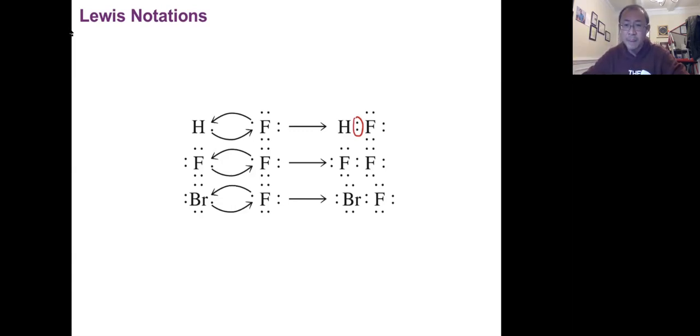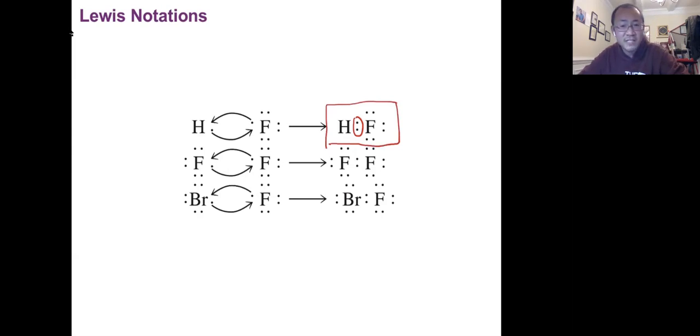Now you can see that hydrogen achieves octet, 2 valence electrons. Fluorine also achieves octet, 8 valence electrons. Why? Because now fluorine gets the 1 from hydrogen. So via sharing, each one of these 2 atoms achieved the octet rule. This is the structure of hydrogen fluoride.